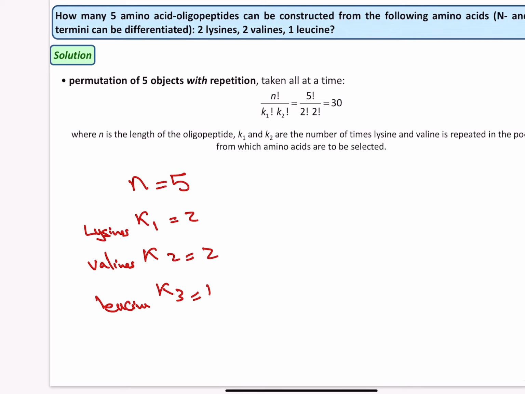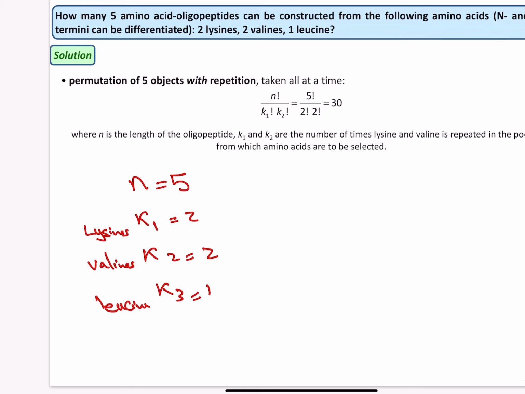This is how the 5 amino acid oligopeptide is composed: 2 plus 2 plus 1 equals 5. This is the breakdown of the 5, how the 5 are distributed. It is the same concept as the Mississippi mechanism.